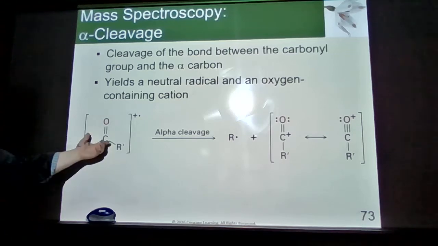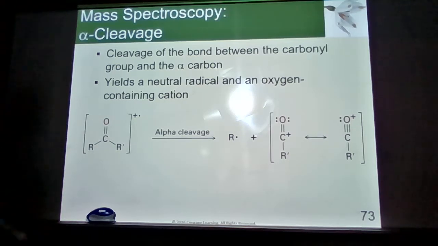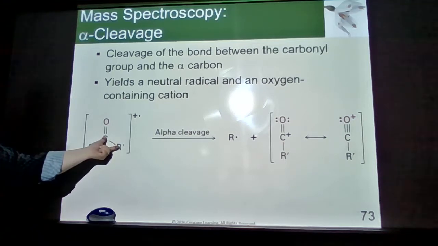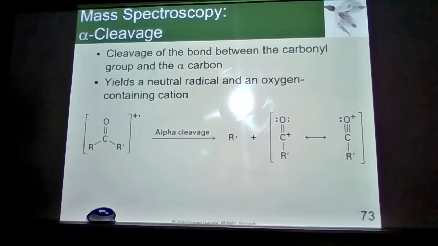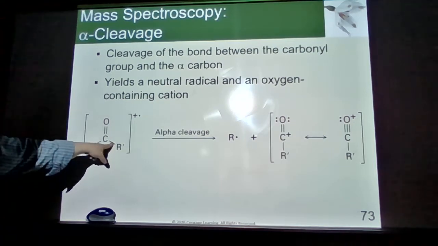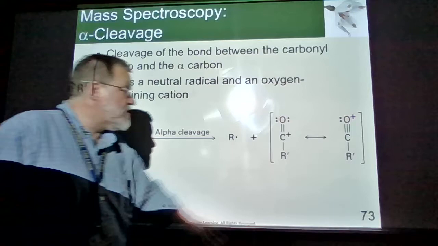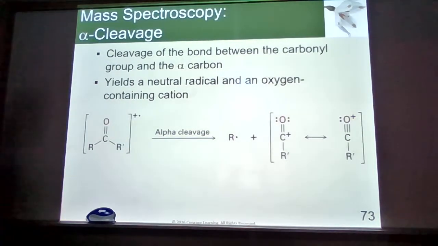Other things that these carbonyl containing compounds can do, they can undergo alpha cleavage. Again, those things that are directly bonded to the carbon of the carbonyl can break in a radical fashion to give you those stabilized cations.